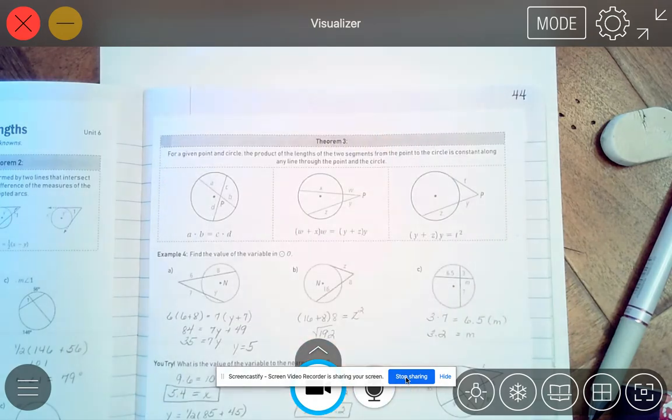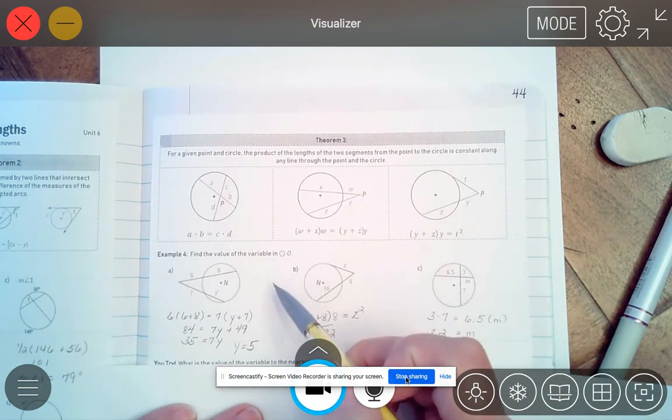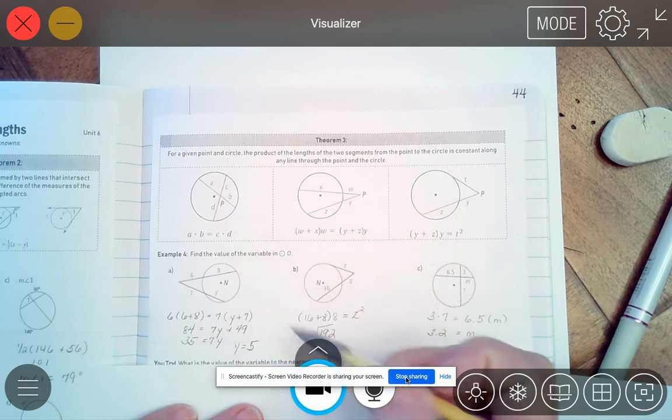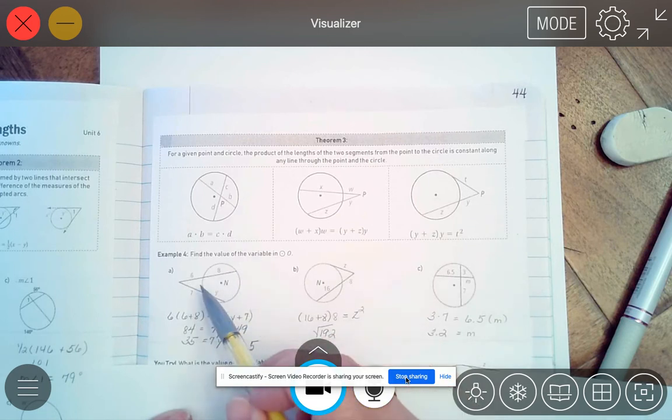So if I have right here, find in these circles what these measurements are. What are the variables? Right here, I can see 6 times 6 plus 8 has to be equal to 7 times 7 plus y.